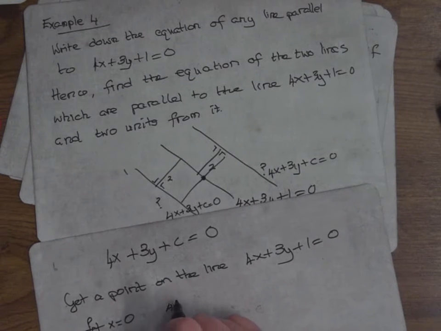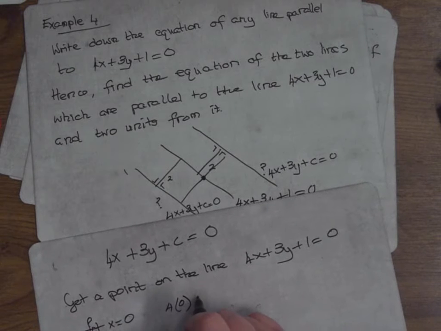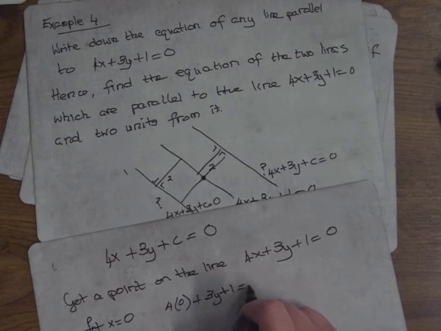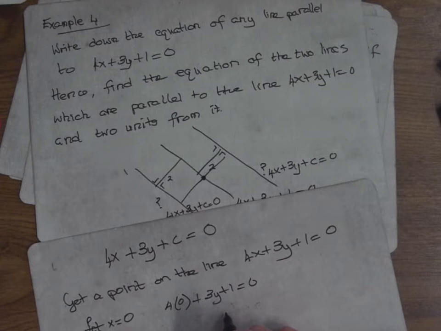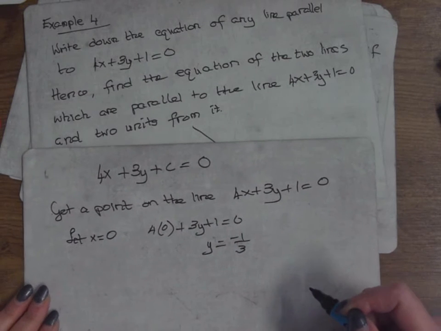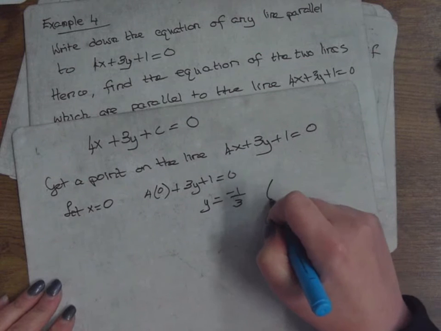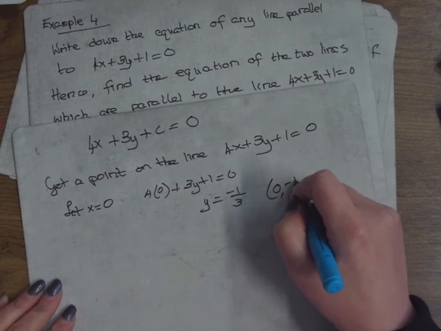Everywhere I see an x, I'm putting in a 0. So that's 4 times 0 plus 3y plus 1 equals 0. Solving that, you get y is equal to minus 1 over 3. So a point on that line is (0, minus 1/3).